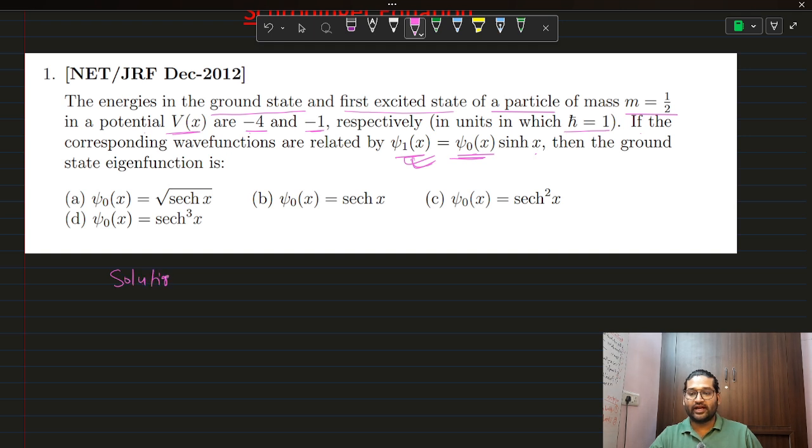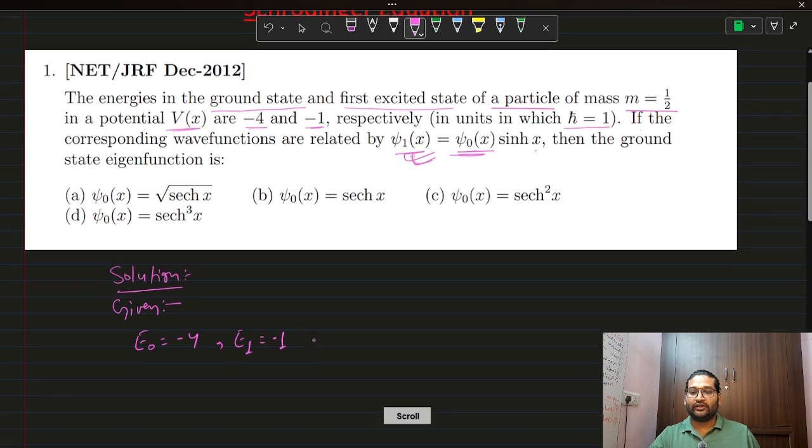So let's write the solution. First, let's write the given values, what we have given in the question. The ground state energy E naught is equal to -4 and the first excited state energy E1 is equal to -1.